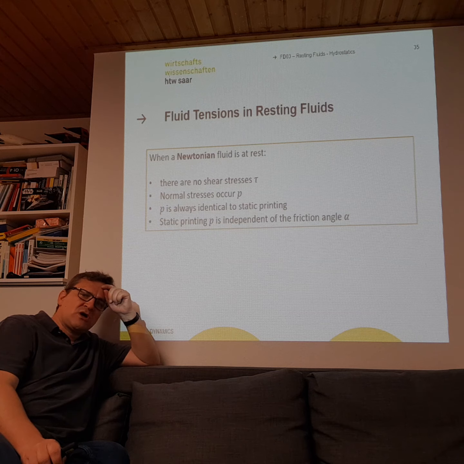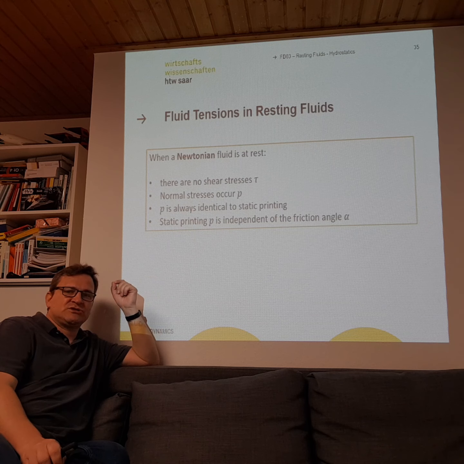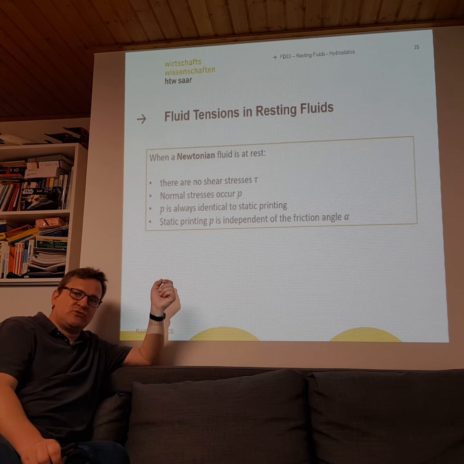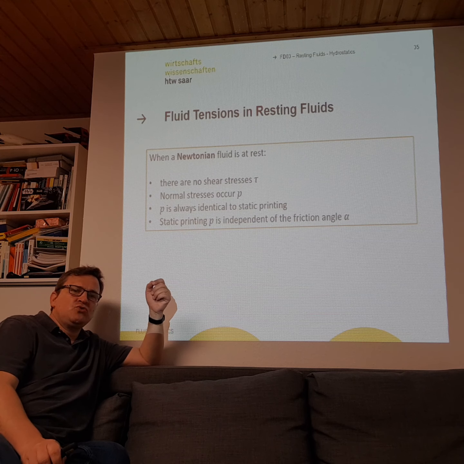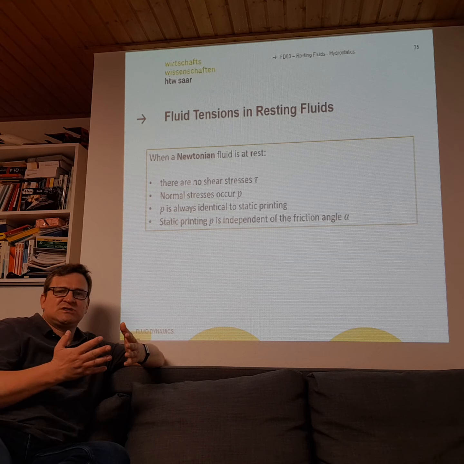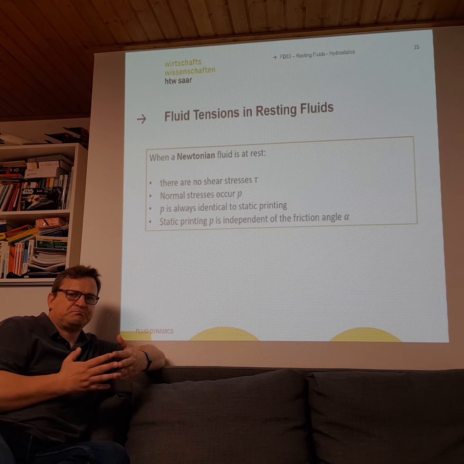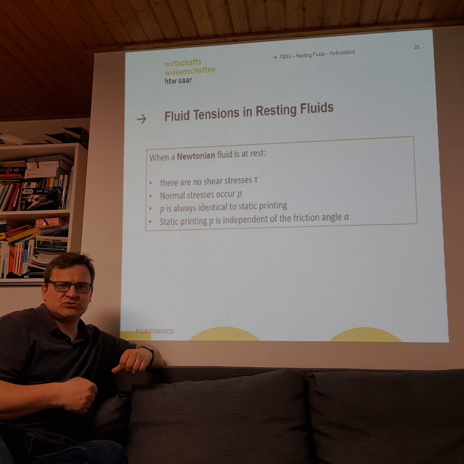If you multiply the viscosity, which is a fluid property, with the velocity gradient inside the fluid, you get the stresses inside the fluid. But if we don't have a velocity gradient, if we don't have a movement of the fluid, we probably will get no stresses.